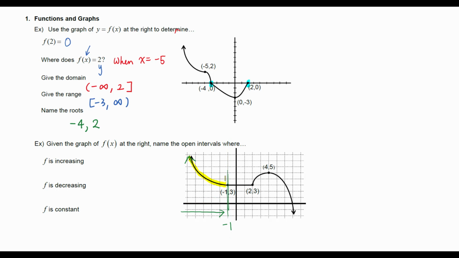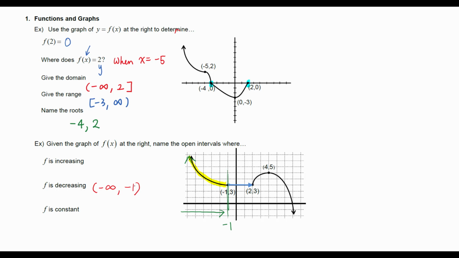So you can say that f is decreasing from negative infinity to negative 1. And we always give open intervals for increasing or decreasing because the endpoint is the changing point from either decreasing to constant, decreasing to increasing, increasing to decreasing, and so on.